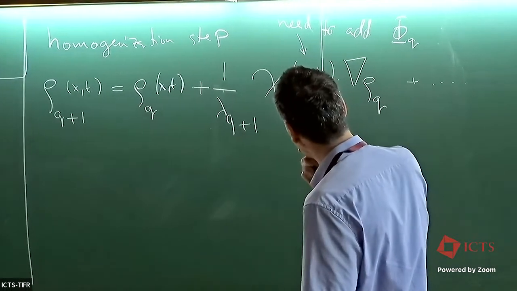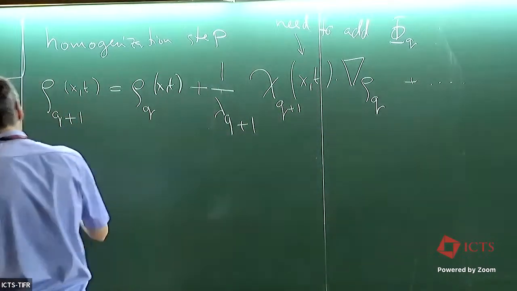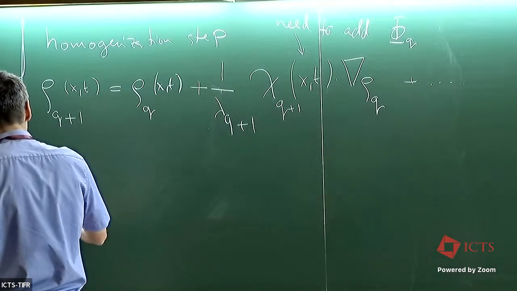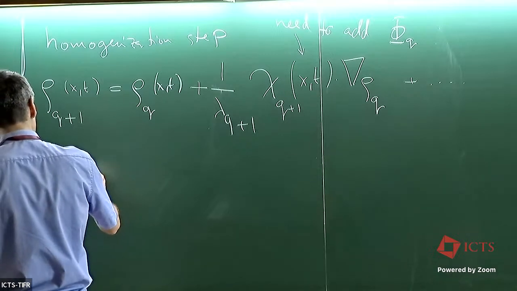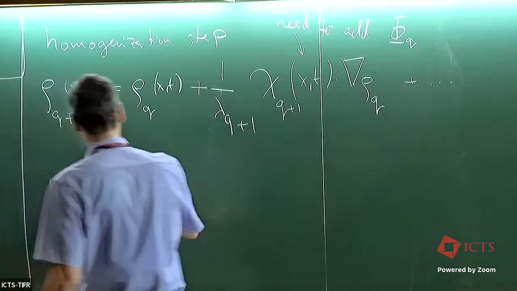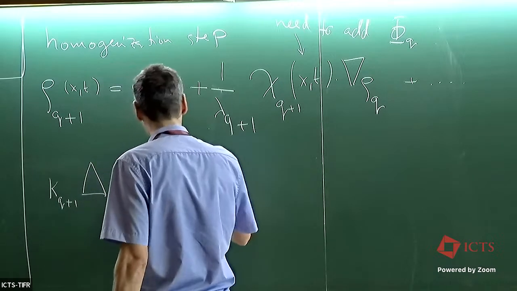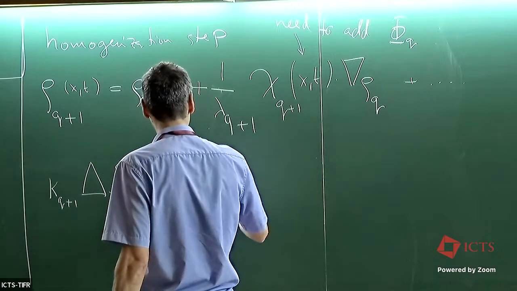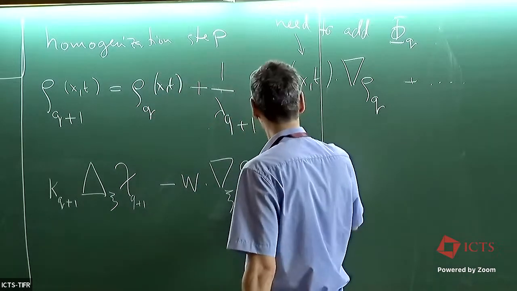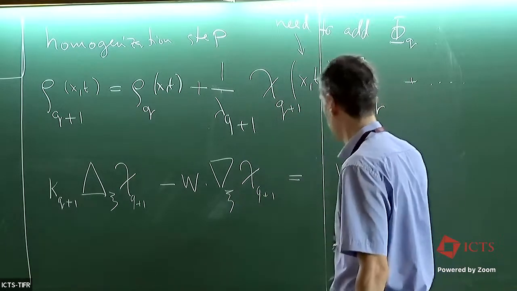And this chi was essentially, in the computations that we saw, a solution of the cell problem. Okay, it was something like this.